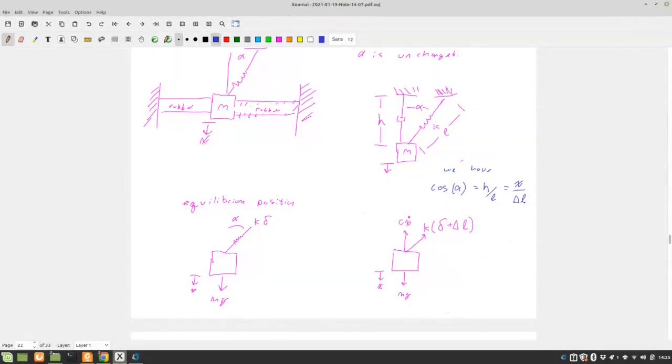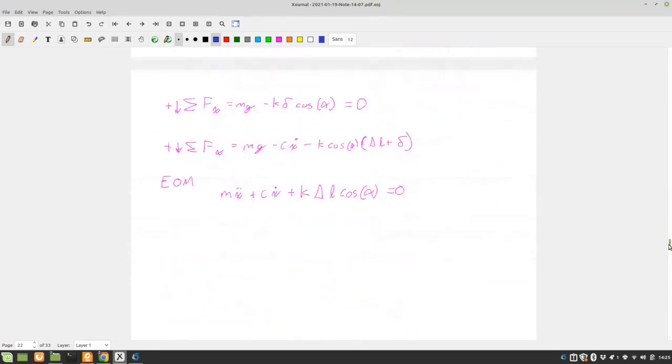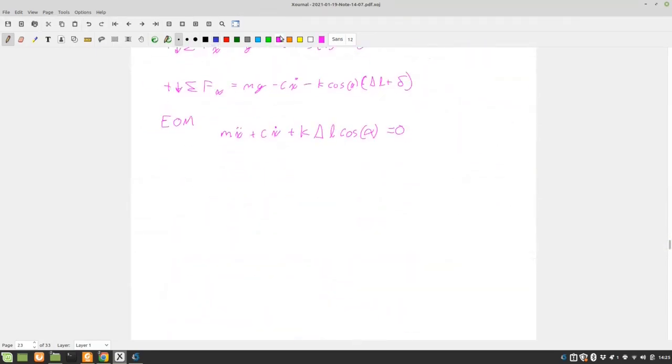And that's a true statement if alpha is small enough. No model is perfect, right? Some models are useful.